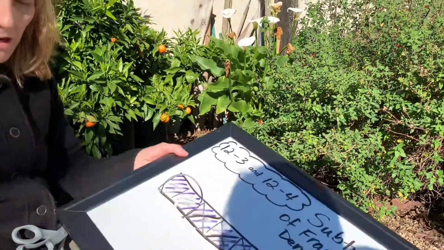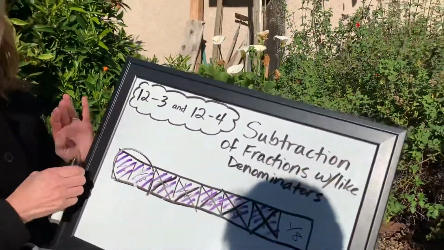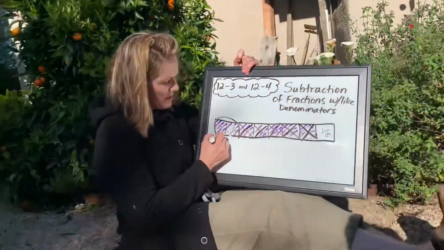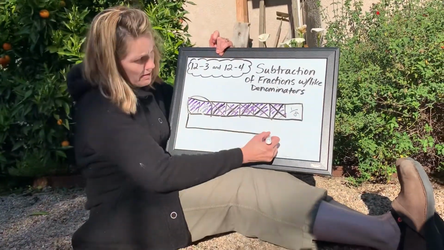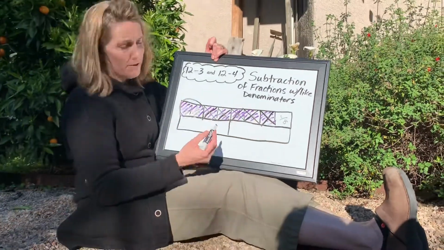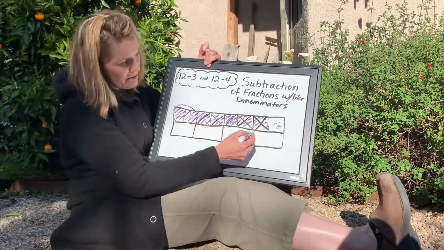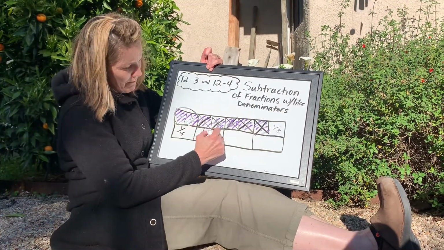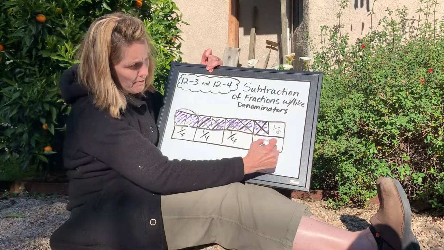So underneath here, you could do another bar to show how to simplify using models. Since we're dealing with fourths, it's really easy because 4 is a factor of 8. I'm going to divide this into fourths. So I've got 1/4, 1/4, 1/4, and 1/4.